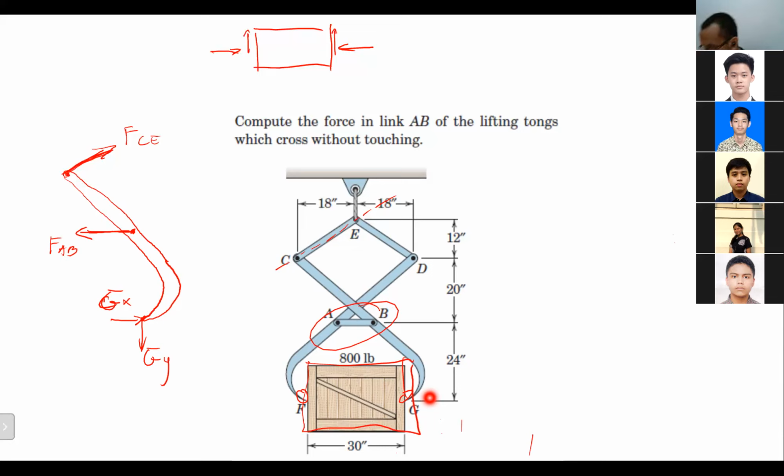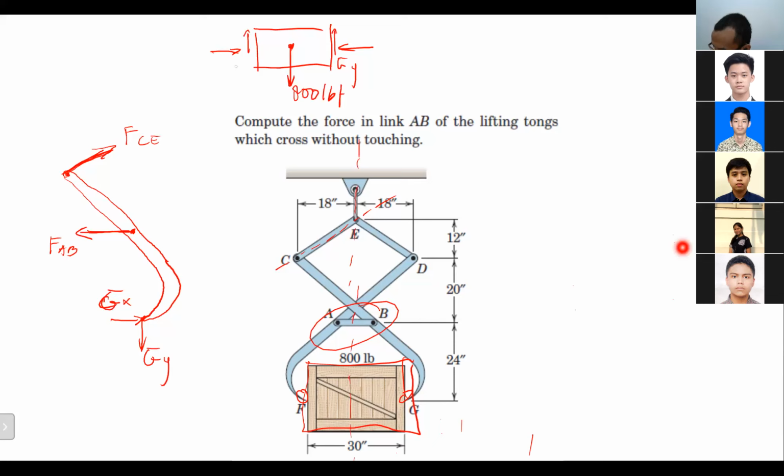But how can we solve it? We can solve GY from the crate free body diagram. Here there is 800 lbf, then we have GY.